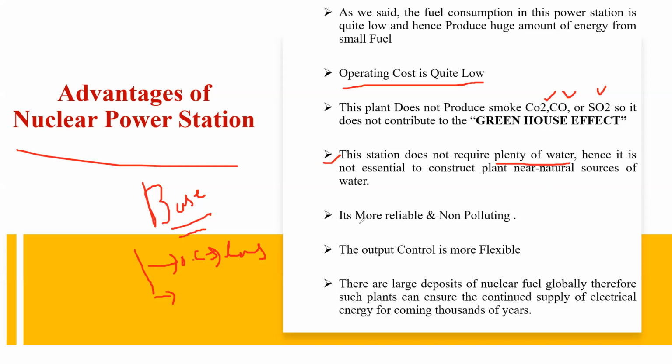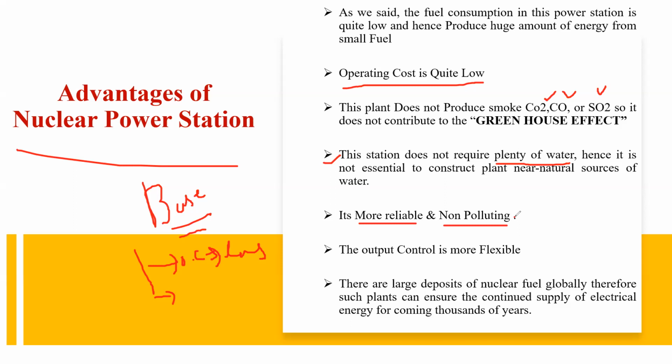And the next is more reliable and non-polluting. I already covered these points. There is no pollution and no production of ash in the nuclear power plant. There is no smoke because there is no burning of coal.